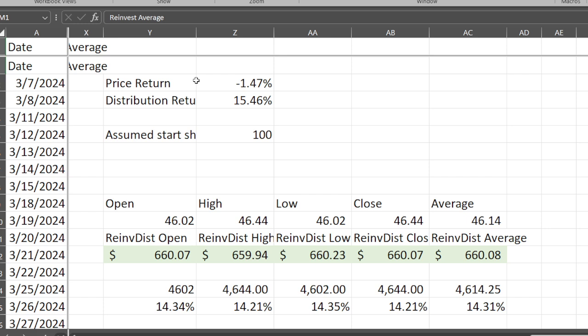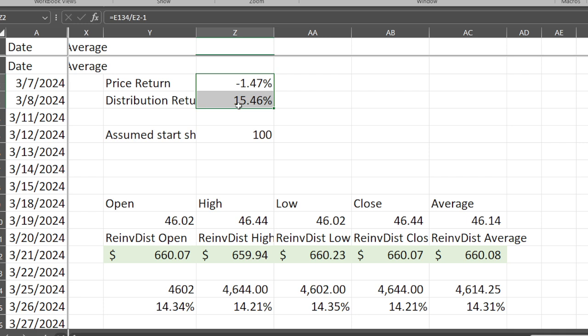And then the distribution return is 15.46%, very respectable, especially for 3 months. So that's on track for about 30%. If I just add these two up, it's about 14%. Hopefully this trend can continue so that XDTE can get a 28% total return.